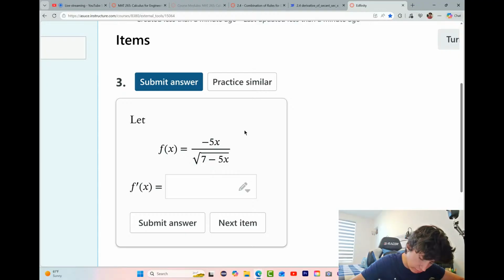So negative 5/2 times 7 minus 5x raised to the 1/2 power. And simplifying even more, we get negative 5 square root of 7 minus 5x. Negative 25 over 2x times 7 minus 5x to the power of negative 1/2.